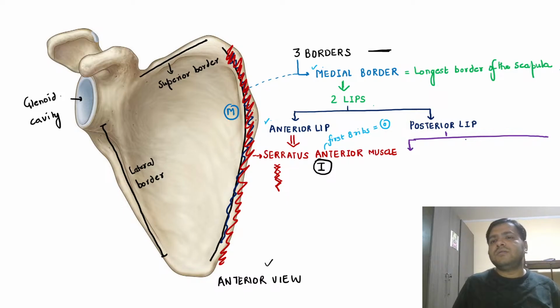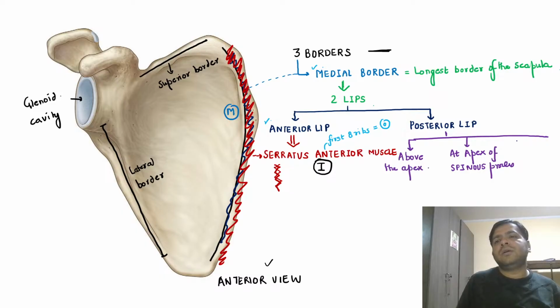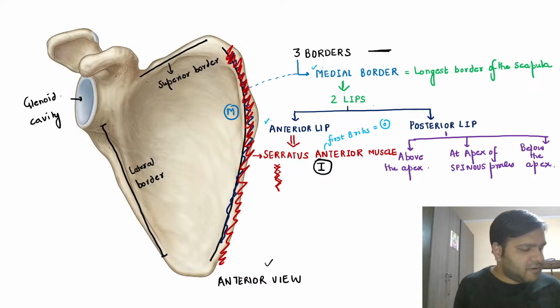Okay, so we have at the apex of the spinous process, apex means tip also, we have above the apex, and we have below the apex of the spinous process.